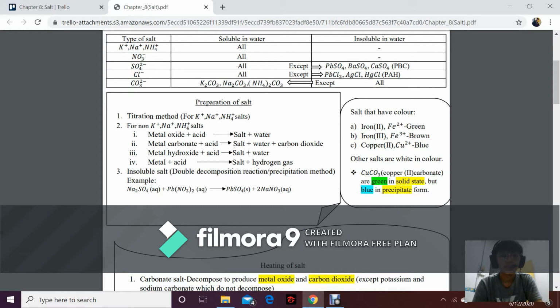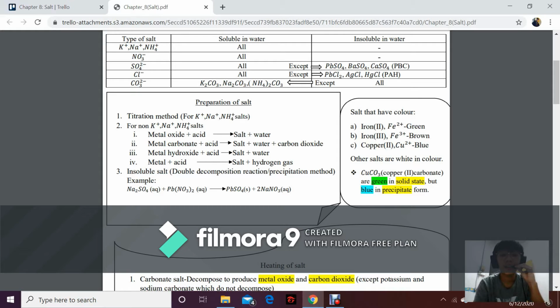Okay, so this is four method to prepare the salt for not K plus, Na plus, and NH4 plus. So for the insoluble salt, sorry, just now the metal carbonate, I cannot use PbCO3 because the insoluble salt, we will have another method, which is the last one, double decomposition reaction.